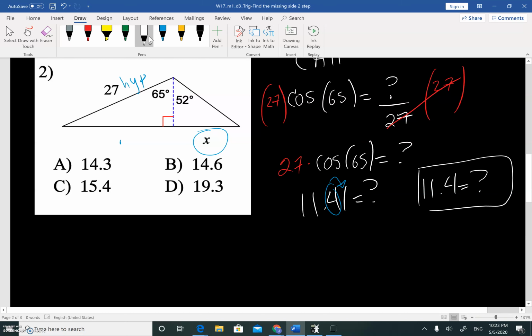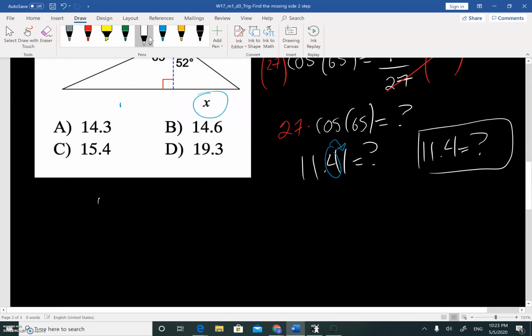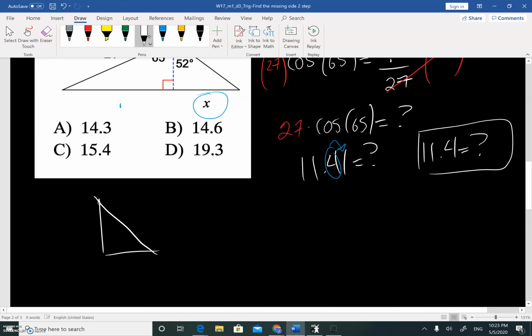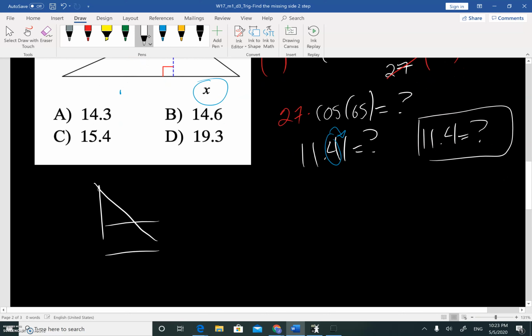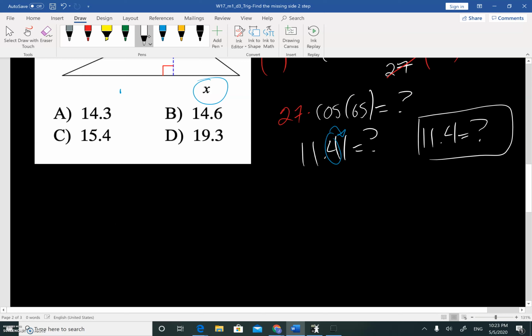So the triangle on the right is now going to become something like this. And 52. Let's make this a little bit better. That's actually not that good. So 52, x, and 11.4.